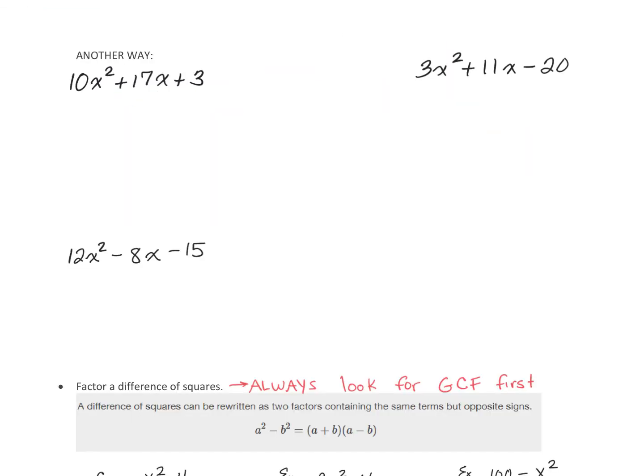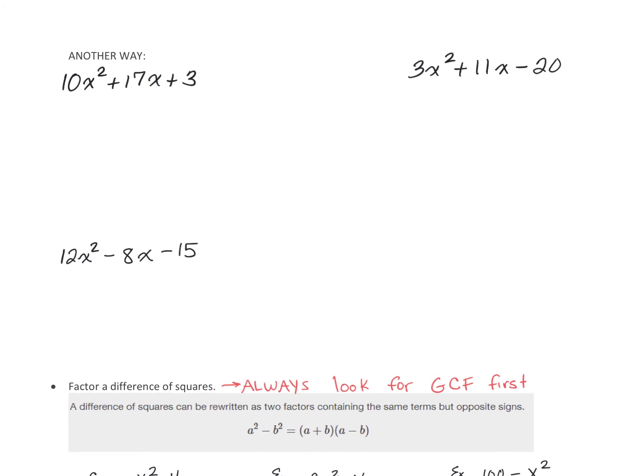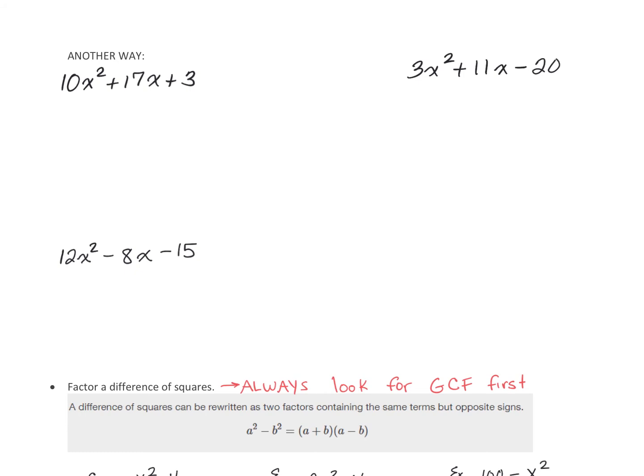So I've written the same 3 trinomials down, and we're going to start exactly the same way as we did before, and we're going to multiply the first times the last. 10 times 3, we'll get 30, and we'll list our factors of 30, which if you recall, we used 2 and 15 because that gave us 17. So positive 2, positive 15 gave us positive 30 and added to 17.